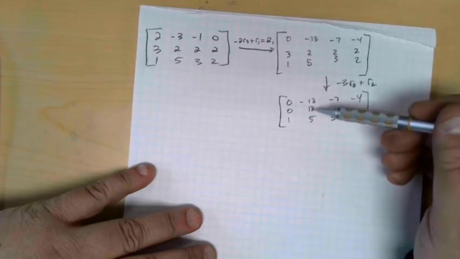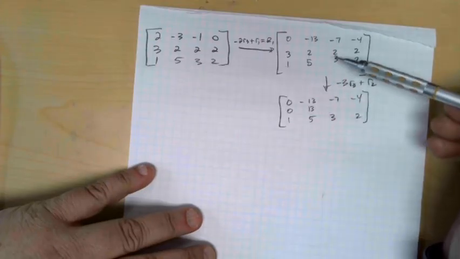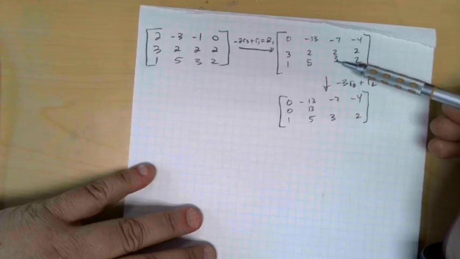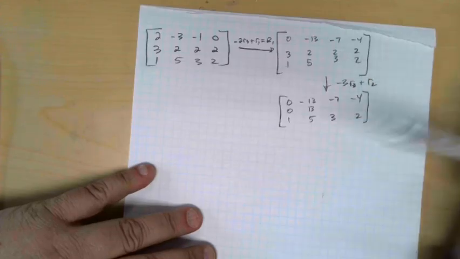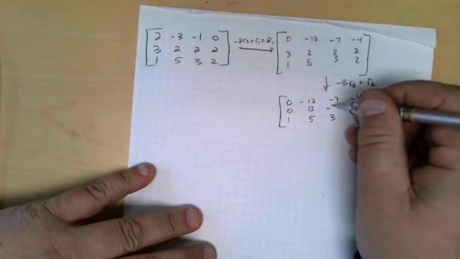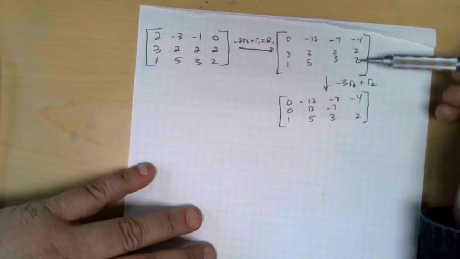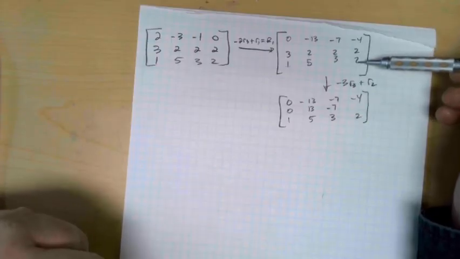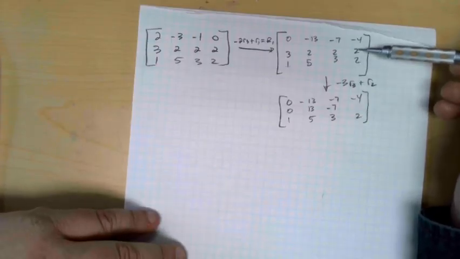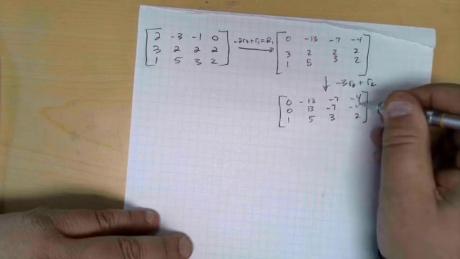Ooh, I like this right here. See what's going to happen? -3 times 3 is -9, and -9 plus 2 is -7. Huh. Okay. -3 times 2 is -6. -6 plus 2 is -4.